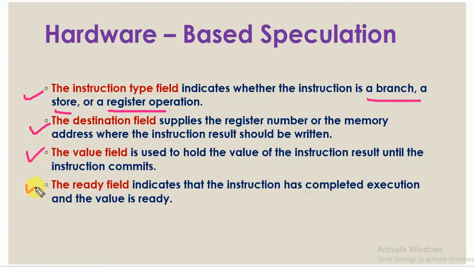And finally we have a ready field, which indicates that the instruction has completed execution and the value is ready. It is like a status indicator of whether the value after the execution is ready or not. So we have 4 fields of the reorder buffer: the instruction type, the destination, the value, and the ready field.